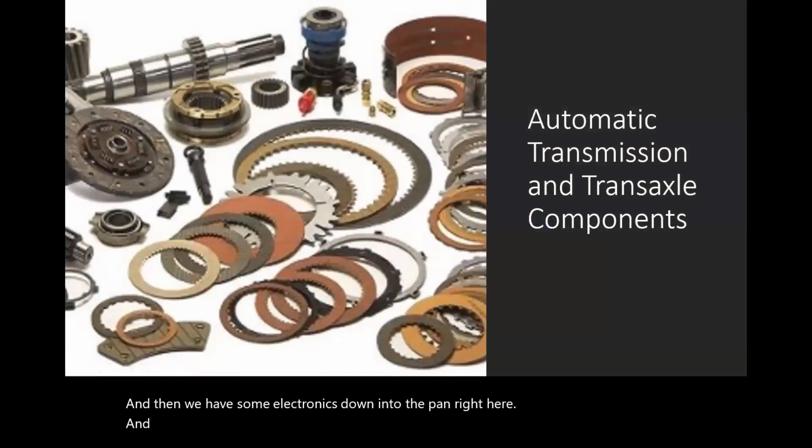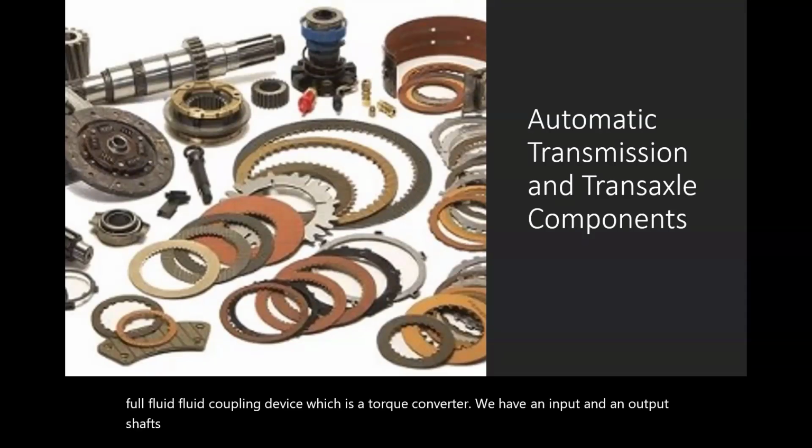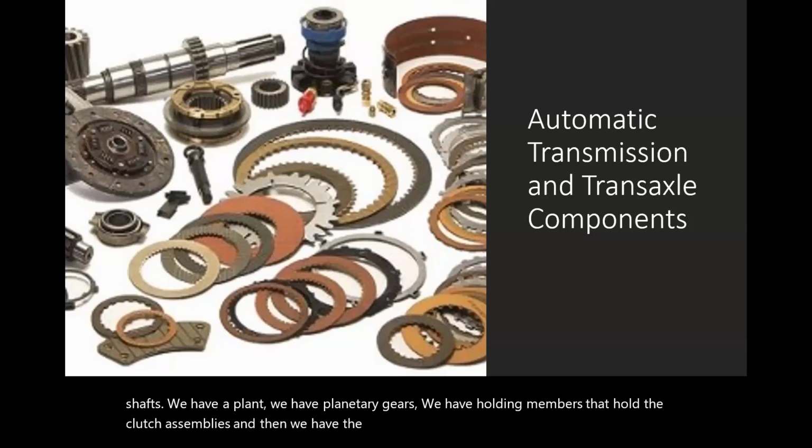The automatic transmission and transaxle components: we have a fluid coupling device, which is our torque converter. We have an input and an output shaft. We have planetary gears. We have holding members that hold the clutch assemblies. And then we have the casting and housings, oil pan, bushings and bearings.